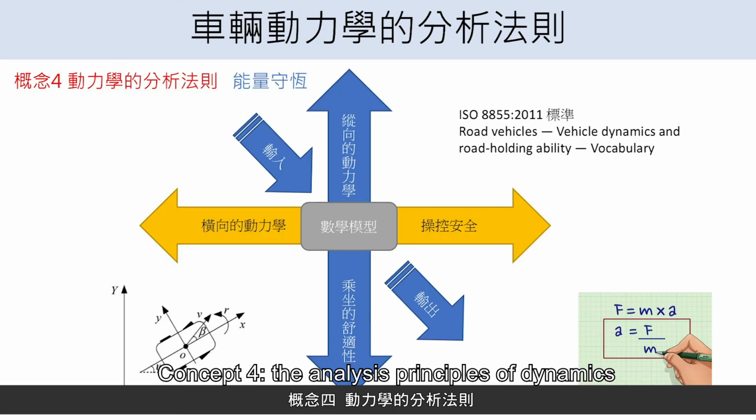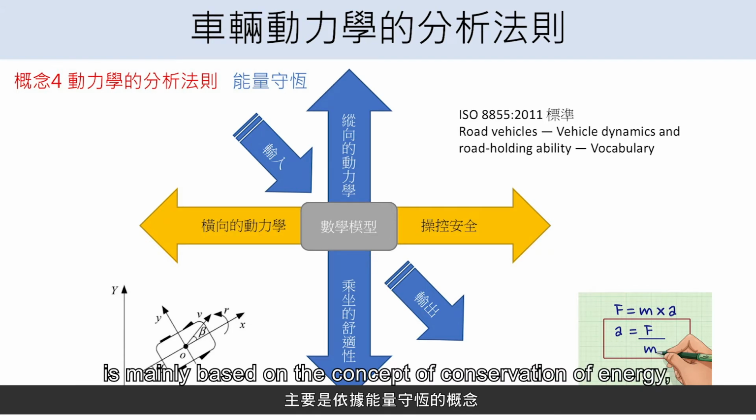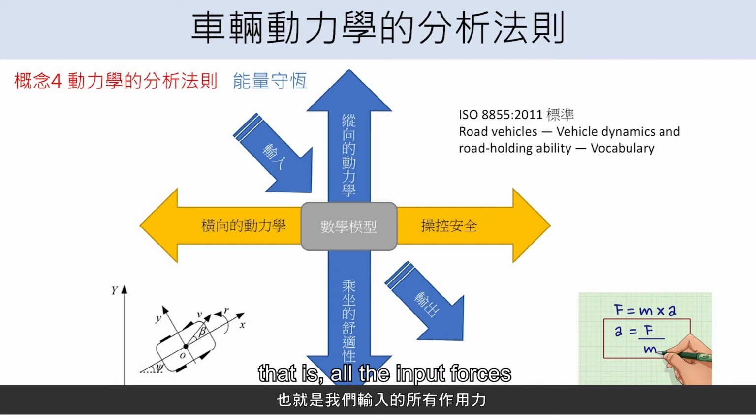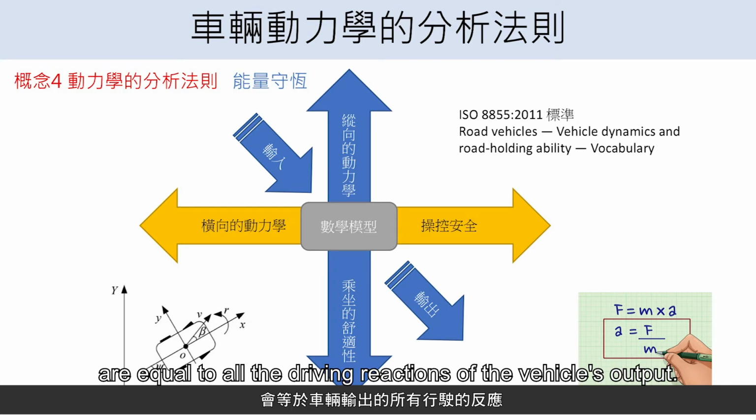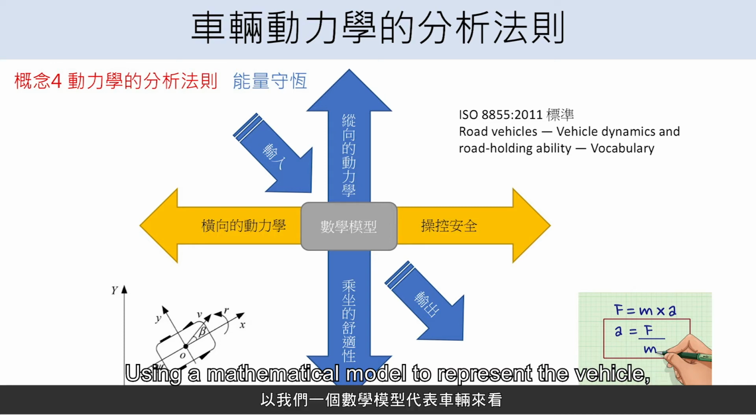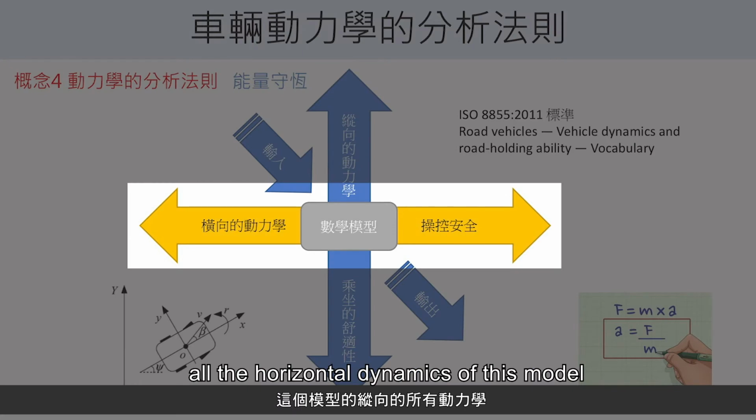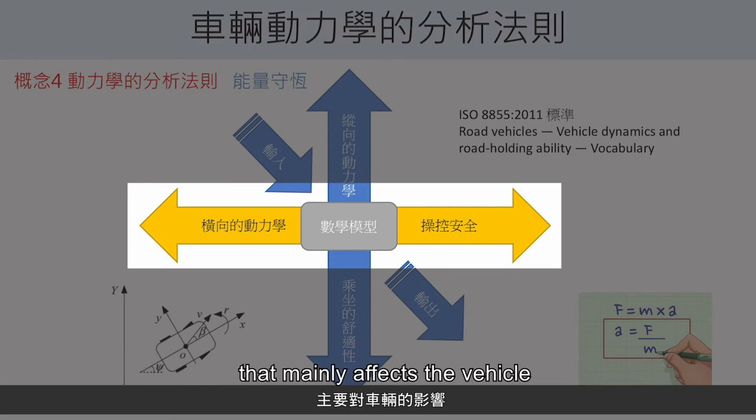Concept 4. The analysis principle of dynamics is mainly based on the concept of conservation of energy, that is, all the input forces are equal to all the driving reactions of the vehicle's output. Using a mathematical model to represent the vehicle, all the horizontal dynamics of this model mainly affect the vehicle's handling safety.